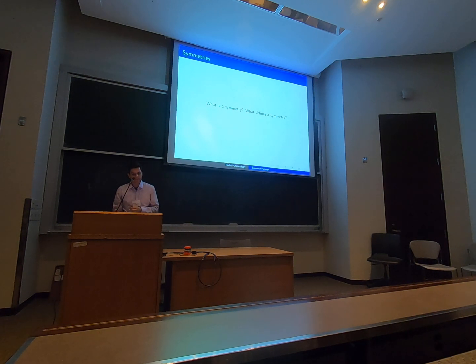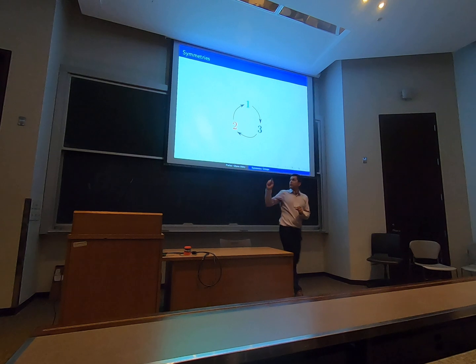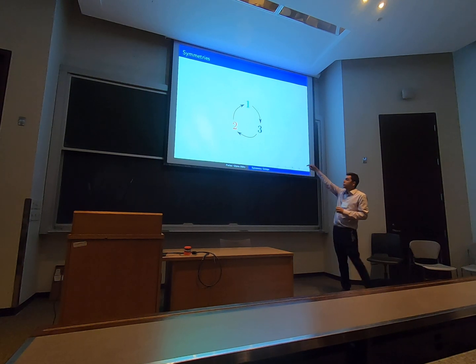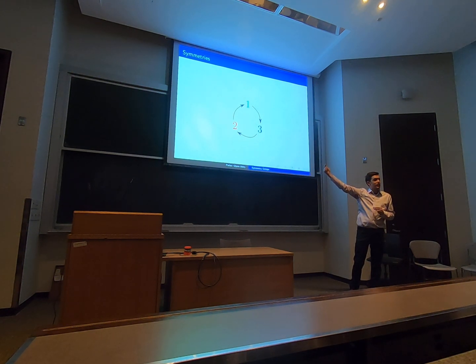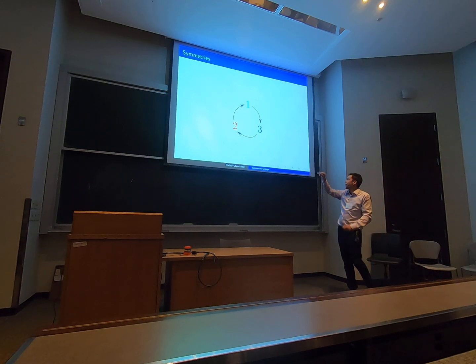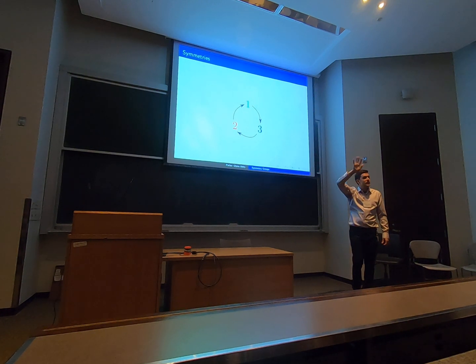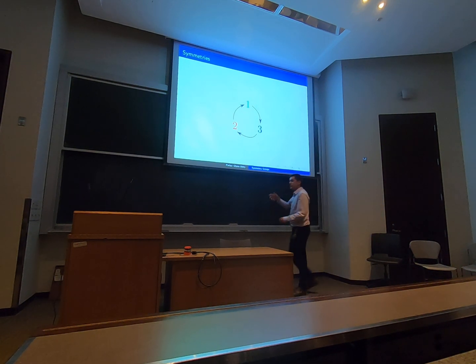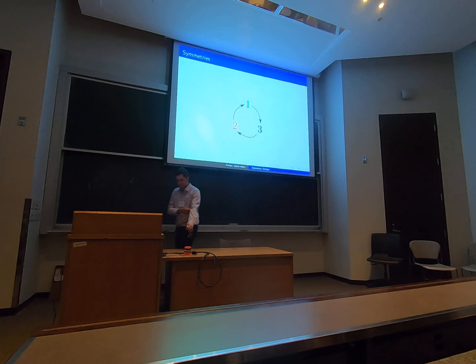One way is we can just get rid of the triangle. Note that these arrows are really telling us everything that the matrix is telling us. We know that 1 goes to 3, 3 goes to 2, 2 goes to 1. That's one step more abstract.